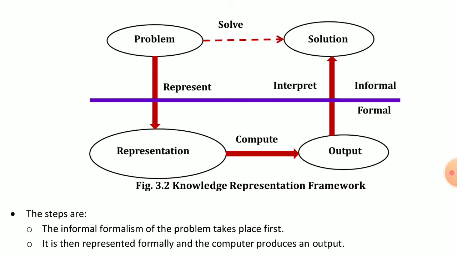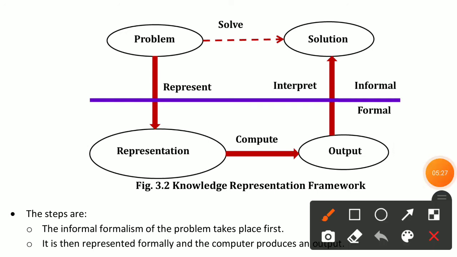In the diagram, first we start with the problem, and from the problem we use the representation, and then we get the output. So the first step is problem: we understand the problem.